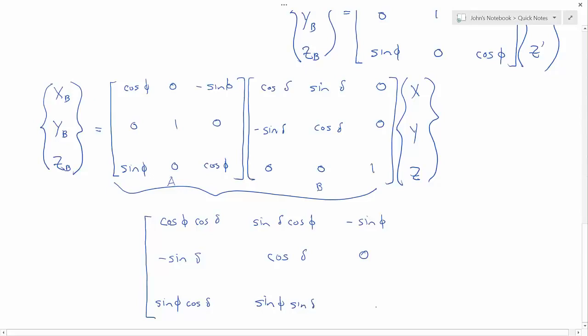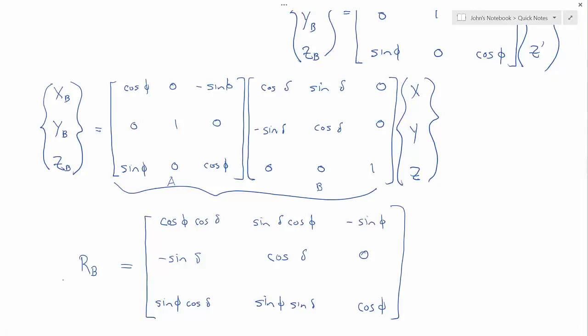Third column, third row. All right. So this we'll call RB. So this is a rotation matrix that takes us from the geographic coordinate system into the borehole coordinate system. Okay?